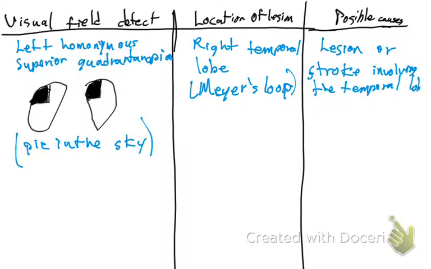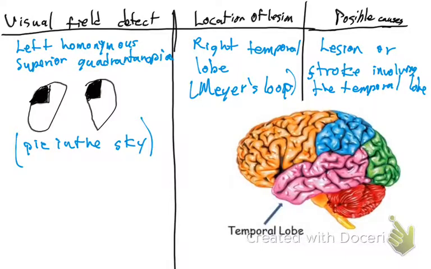Basically that. And here is the picture of the temporal lobe. This one is the temporal lobe, the pink.